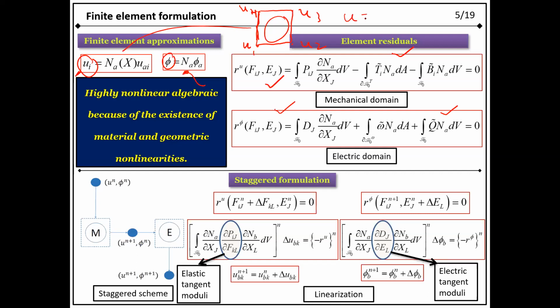So u is nothing but u1 N1 plus u2 N2 plus u3 N3 plus u4 N4, where N is only a function of x. You can insert the value of x here and obtain the displacement at this point, if you know the displacement at these corners. The main thing is to evaluate the nodal displacement. That is obtained by solving these nonlinear algebraic equations, or the finite element equations, as we call them.